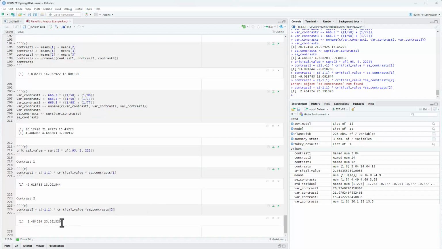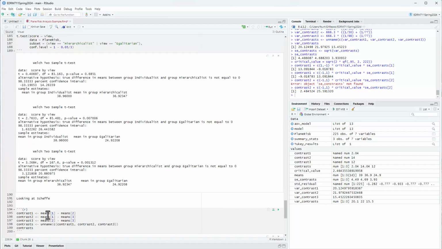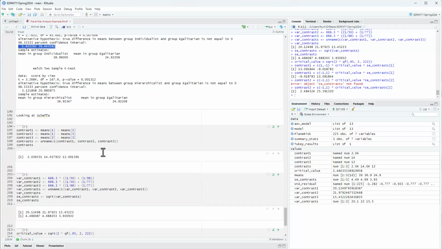And here I got 2.5 to 25.6. Notice this was a little bit wider than when I did Tukey. When I did the individualist against egalitarian with Bonferroni, I had 1.6 to 26.5.